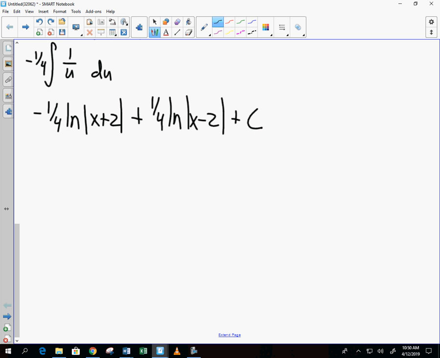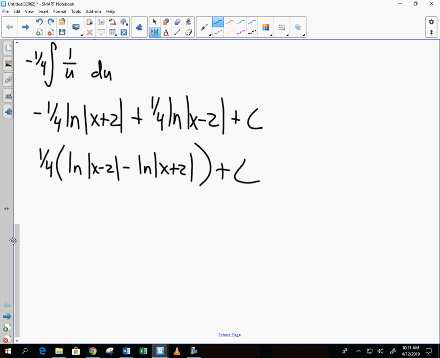Because it's negative, there's a number of ways you can write this. So I'm just going to rewrite it one way for you right now. Does everybody agree it's 1/4 times the quantity natural log of x minus 2 minus the natural log of x plus 2 plus C? Everybody agreed?